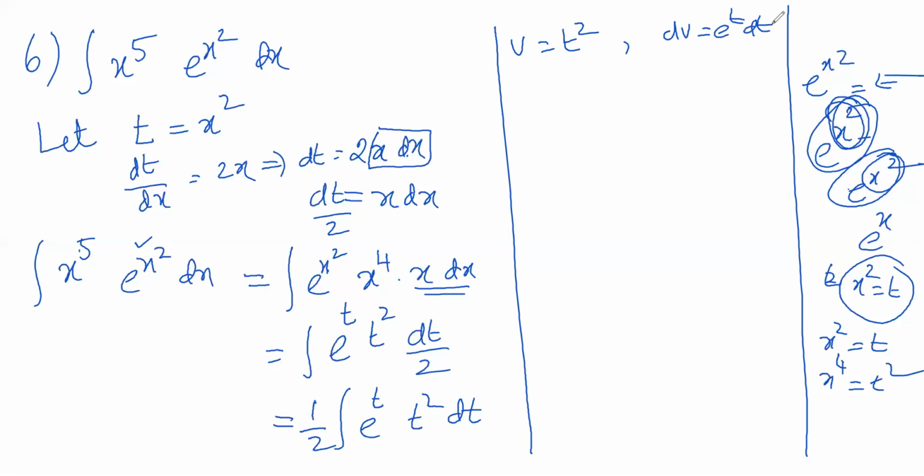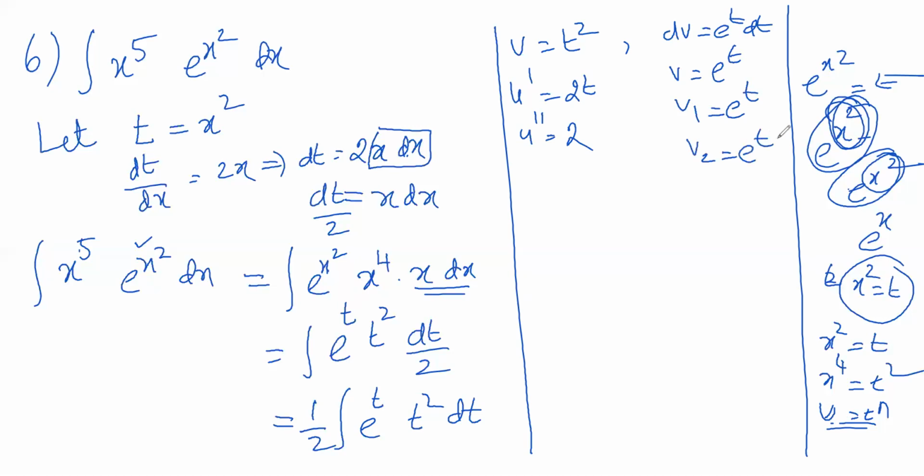Since u is of the form t power n, we are using Bernoulli's formula. So u dash is equal to 2t, u double dash is equal to 2. Here v is equal to e power t, v1 also e power t, v2 also e power t.